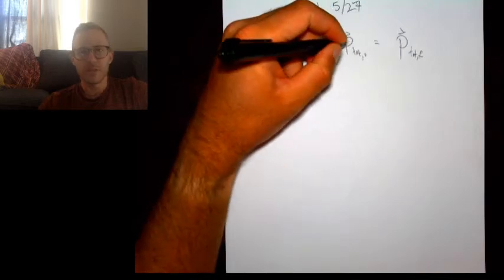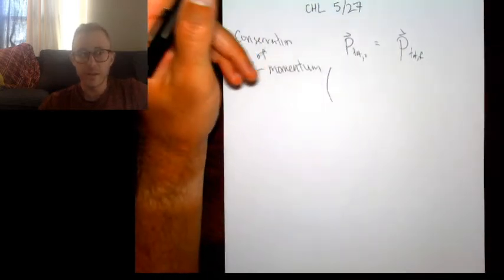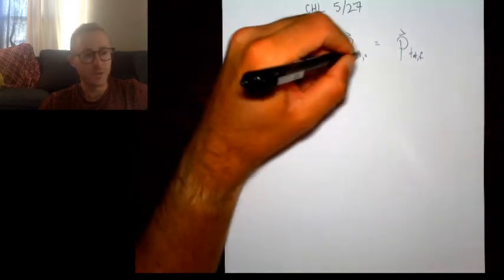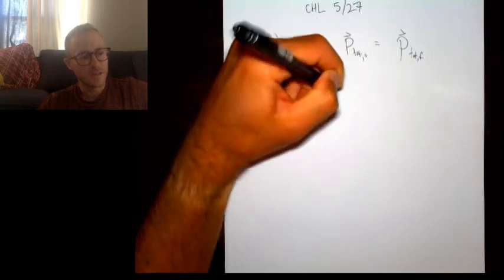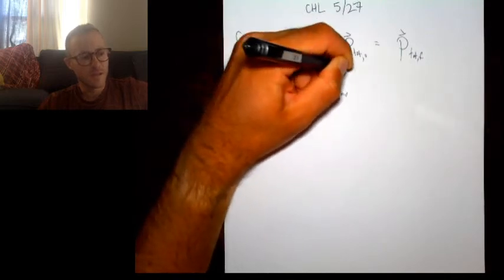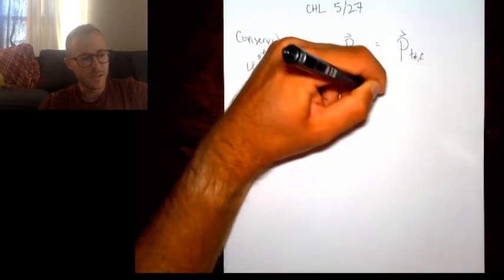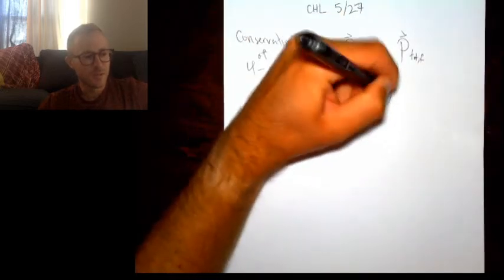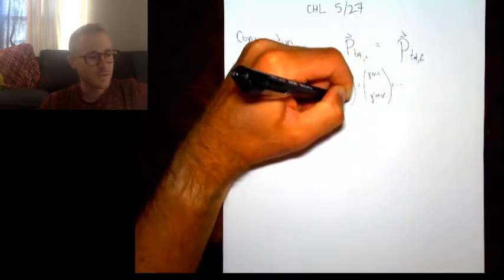So what it means is that if we look at the momentum, what is the total initial momentum? Well, it would be gamma mc, gamma mv, plus gamma mc, gamma mv, plus dot dot dot. So this is gamma 1 m1.